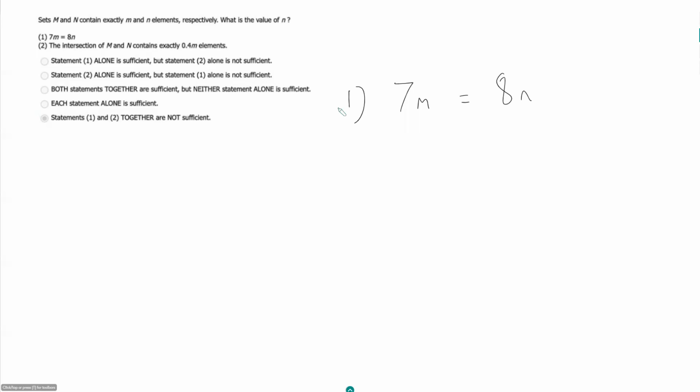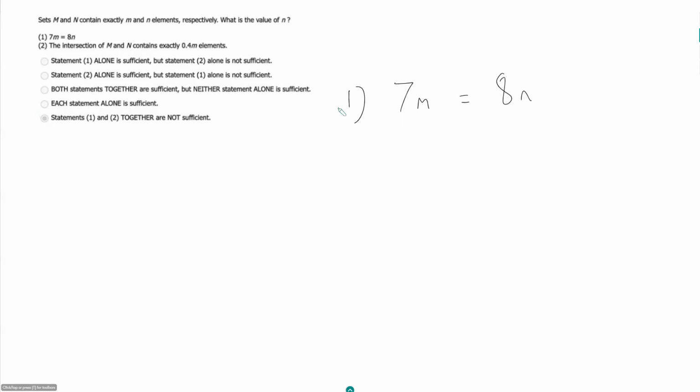Anytime I see a coefficient times some variable is equal to some other coefficient times some other variable, I'm thinking, so what does this mean? I'm saying these two things are equivalent, which means if I were to break up each side of this equation into its prime factors, every single factor that appears on the left side must also be accounted for on the right side.